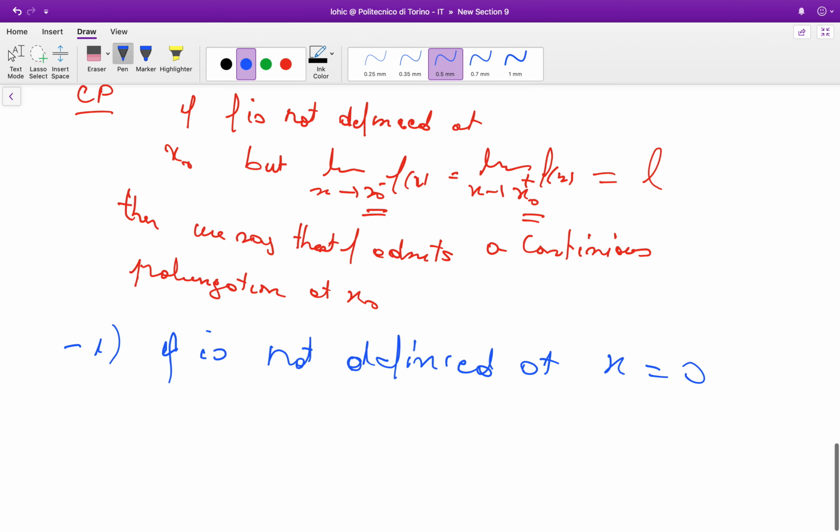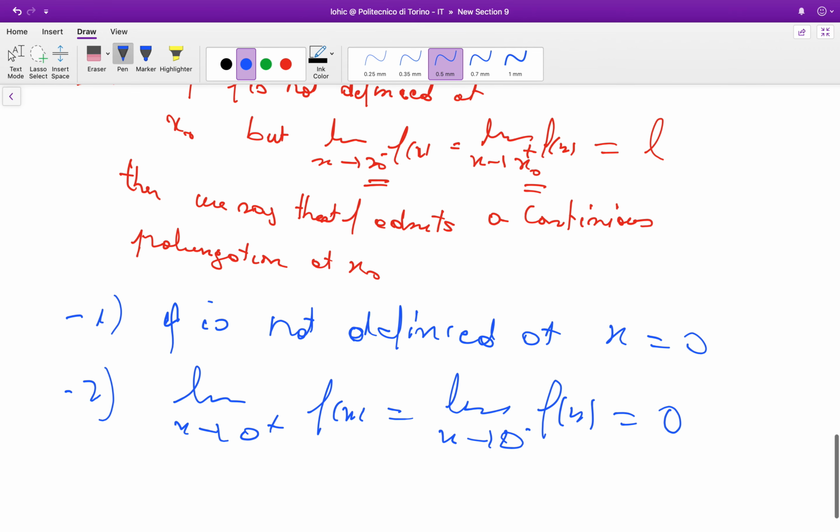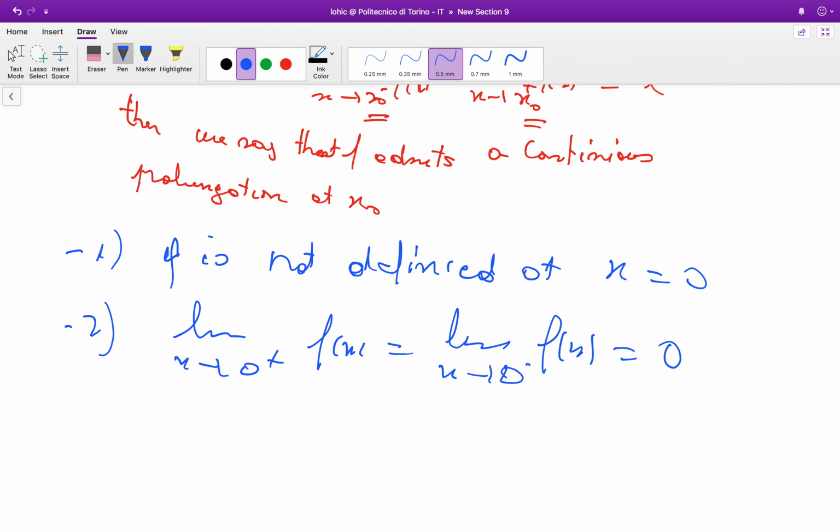This meets the first condition. Second condition, when we did the limit when x tends to 0 plus of f of x, we saw that it gave the same as the limit when x tends to 0 minus of f of x, and it gave 0, right? So both conditions to admit the continued prolongation are met.